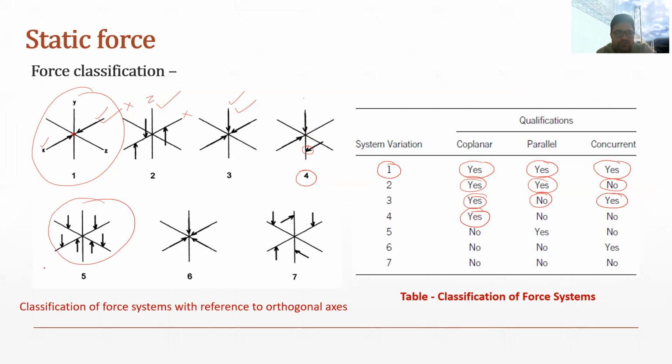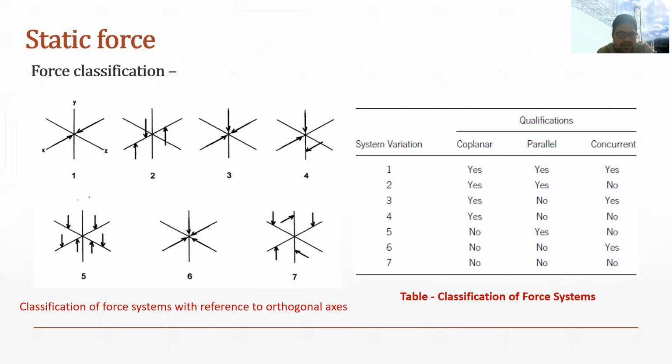Similarly, in the fifth case, again this is z, this is x, and this is y. Now you can see the forces are in different planes. For example, this force is in the plane of zx, this force is in the plane of zy.